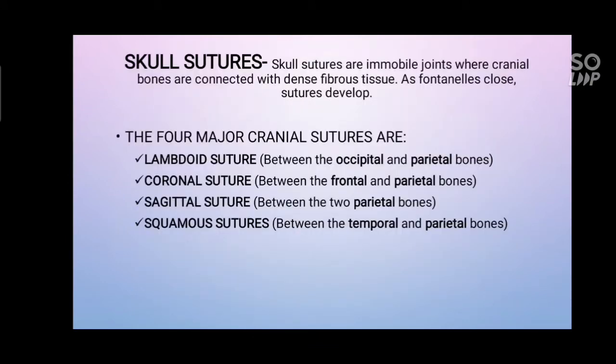Skull sutures. So, as fontanelles close, sutures develop. Familiar tayo sa mga baby na meron silang malambot na parte dito sa kanilang ulo, or yung tinatawag natin na bumbunan. So, yung skull sutures are immobile joints where cranial bones are connected with dense fibrous tissue.